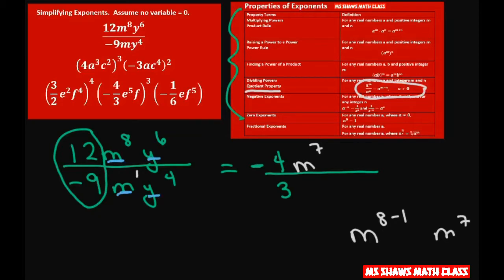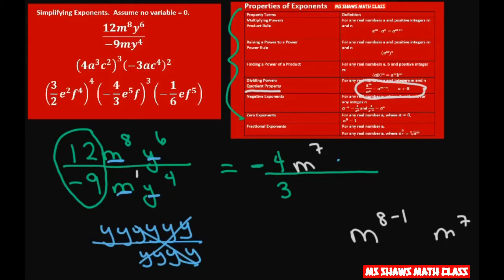So if we have 6 y's in the numerator and 4 in the denominator, those cancel out and we're left with 2. Or you could have just did y to the 6 minus 4 equals y squared, which is what we did.